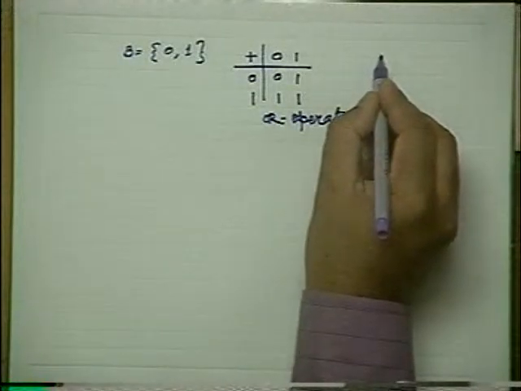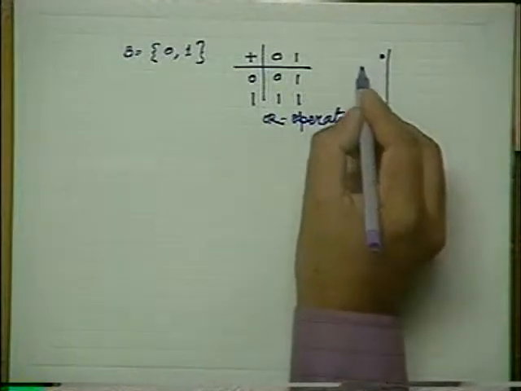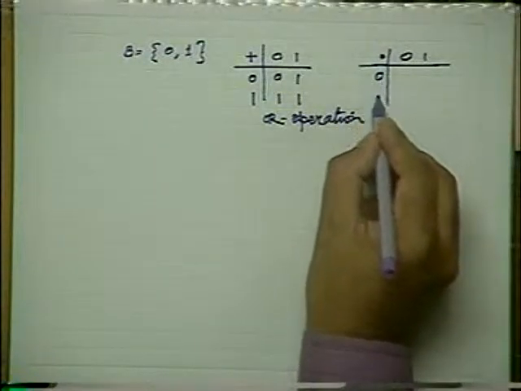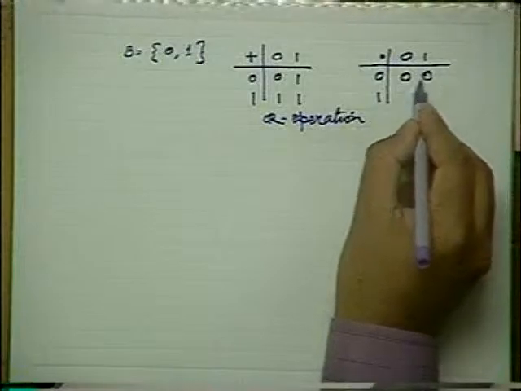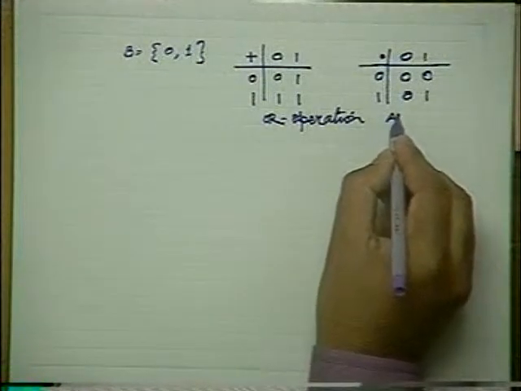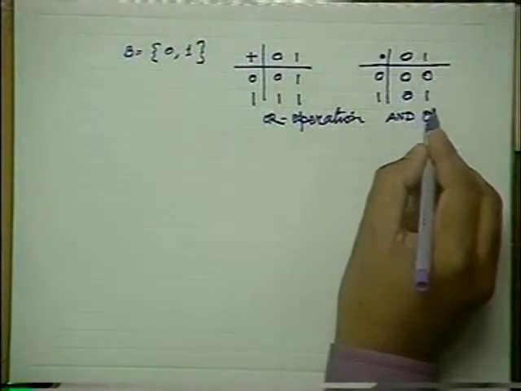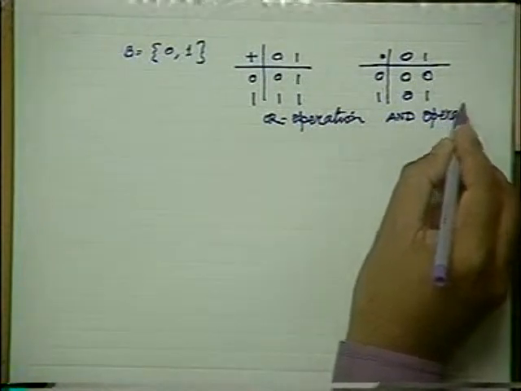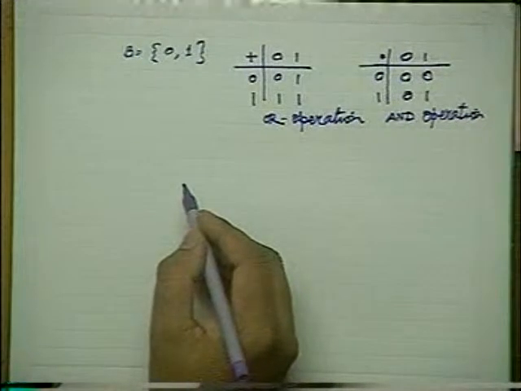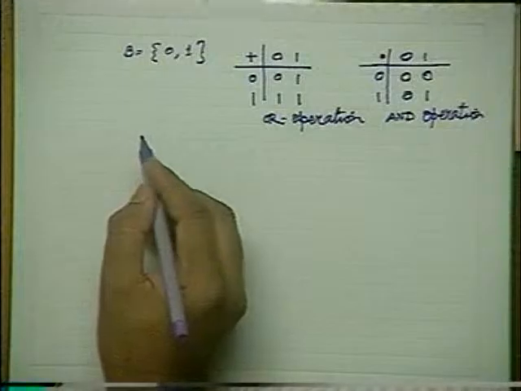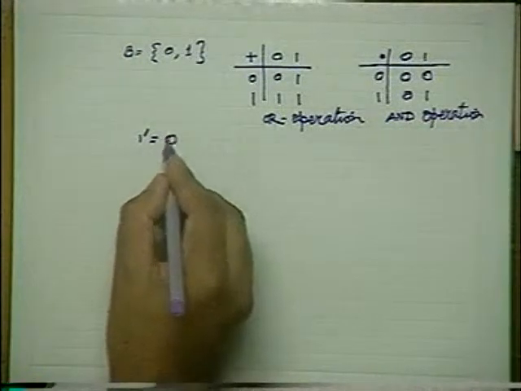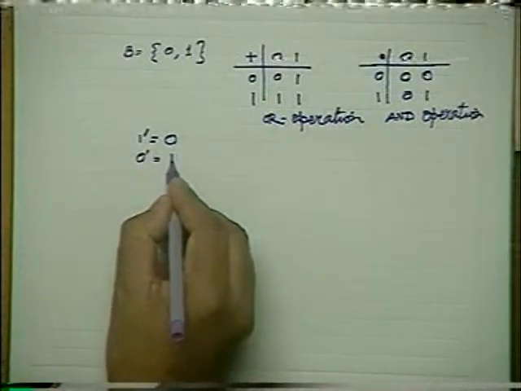We define the dot operation to be the AND operation, and the complementation is the dash operation, which means that 1 dash equals 0 and 0 dash equals 1.